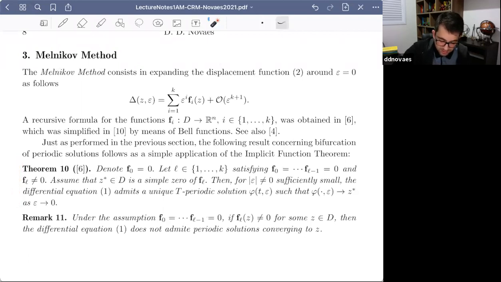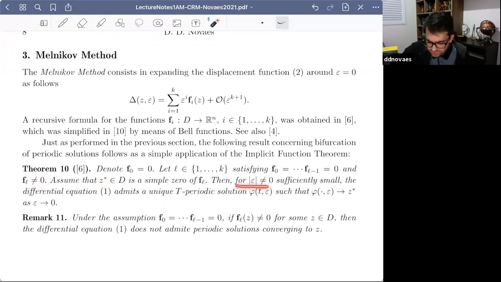What I mean is, denote f0 equals 0 and let L be the index of the first coefficient in this expansion that is distinct from 0. Okay, so let L be an integer between 1 and k, satisfying f0 up to fL minus 1 equals 0, and fL is not identically 0. Assume that z star is a point in the domain such that it is a simple 0 of fL.